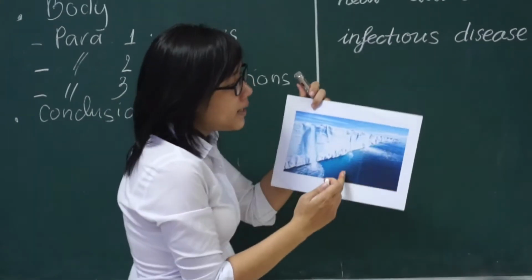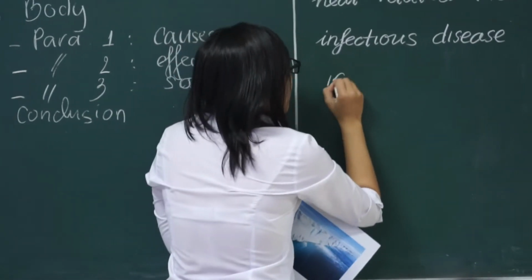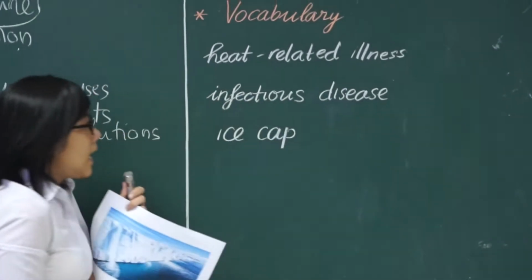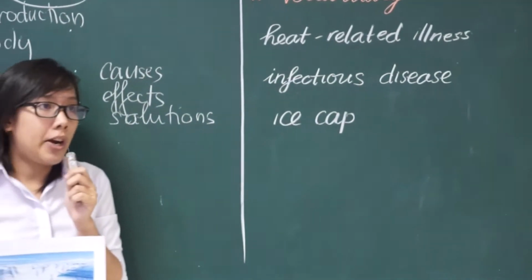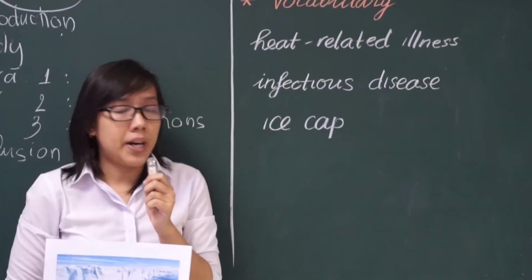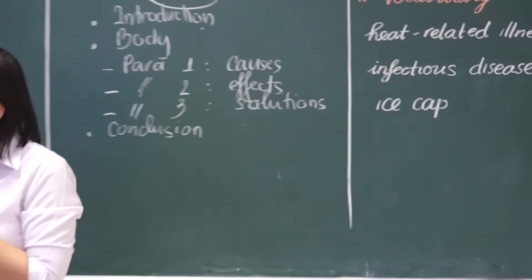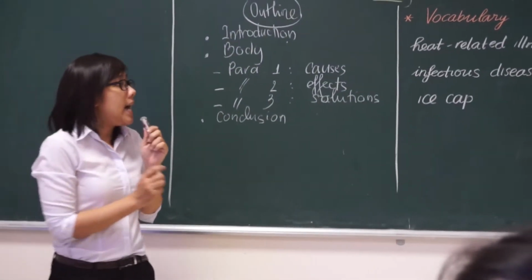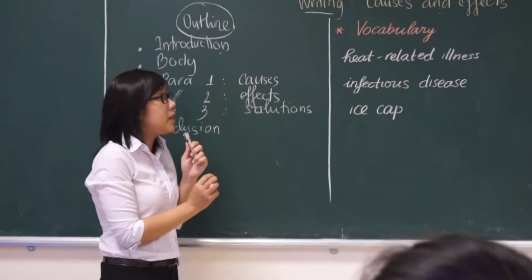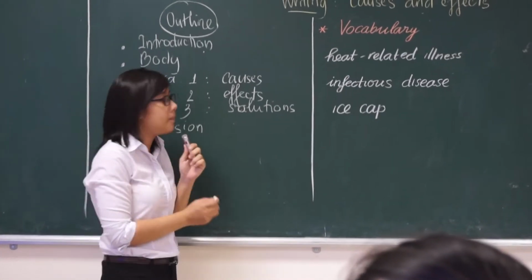So we call this ice cap. It means a very thick layer of ice covering a particular area. For example, you may say, ice cap continues to melt this summer due to global warming.